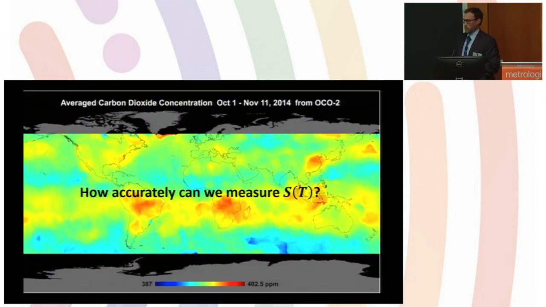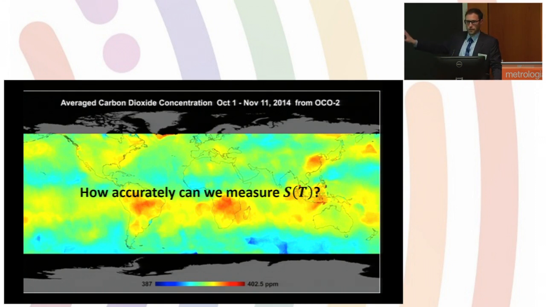So what's an example outside of this isotope ratio community where accuracy in these transition moments is really important? Well, this is a first map from the Orbiting Carbon Observatory, which is showing the Earth breathing, essentially.